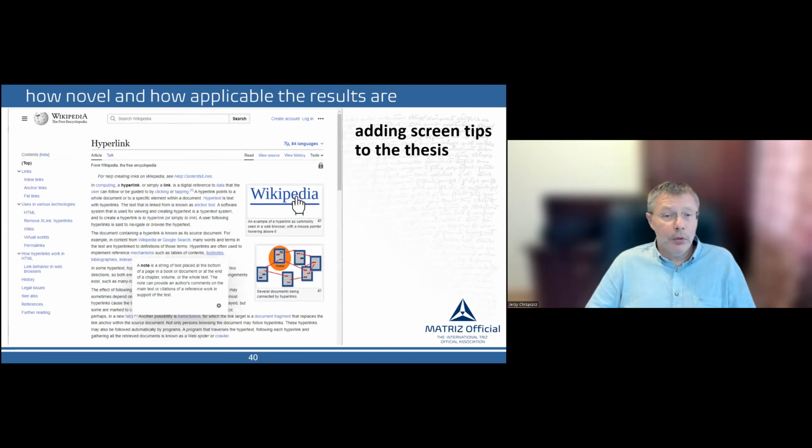We are all used to tooltips appearing in applications, or to screen tips like this one while browsing web pages. Such functionality, I believe, would be very useful in the thesis to provide in-place acronym explanation or reference identification without actually jumping to the vocabulary or literature section, as it is done with hyperlinks.